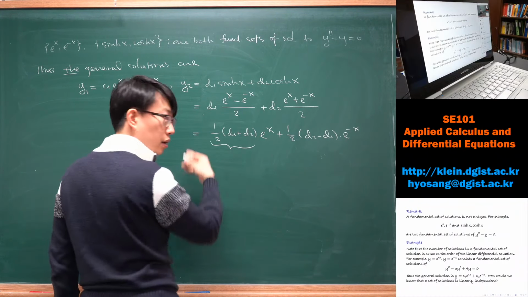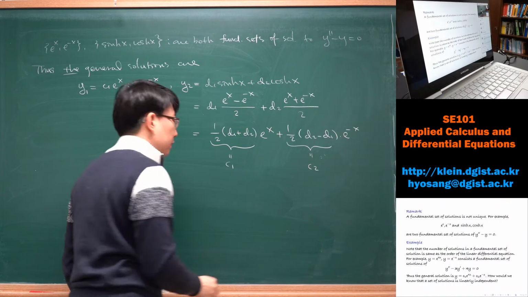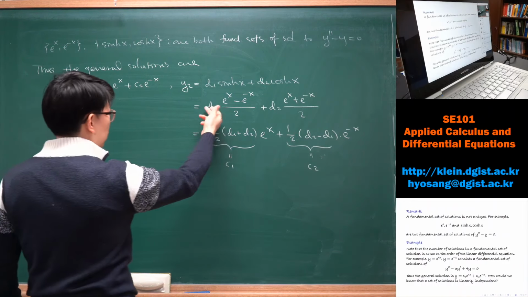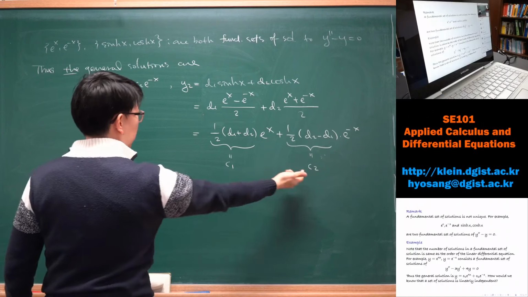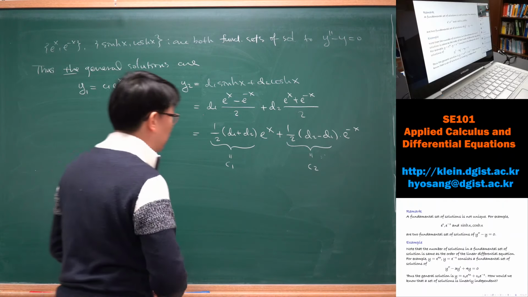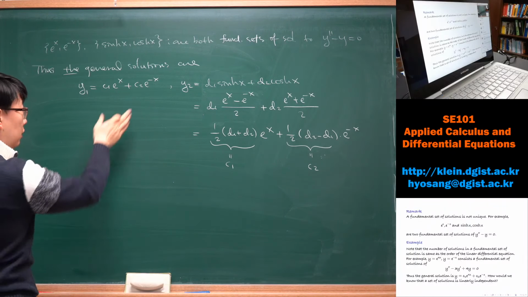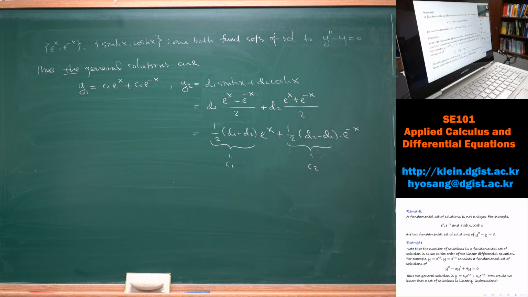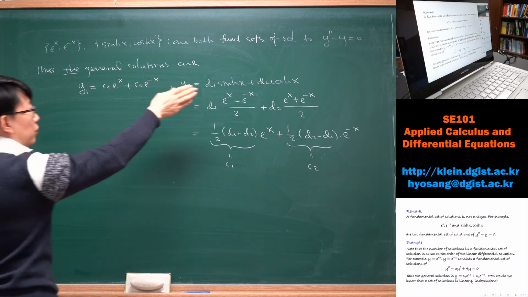So I can simply take these terms as c1 and c2, and there's no difference between the families of solutions. If I change d1 and d2 as arbitrary real numbers, then c1 and c2 also change as arbitrary constants. So basically I get this type of general solution. These two general solutions are actually equal. It's the same general solution.